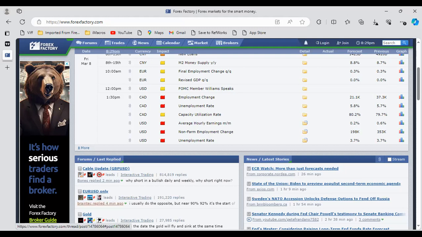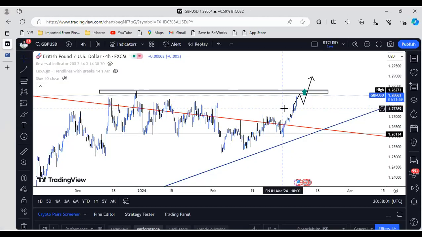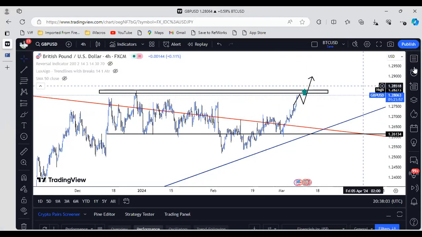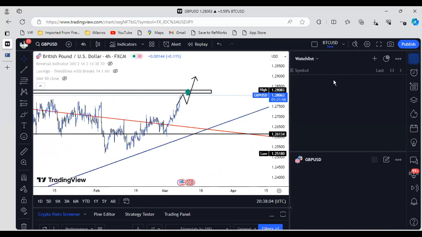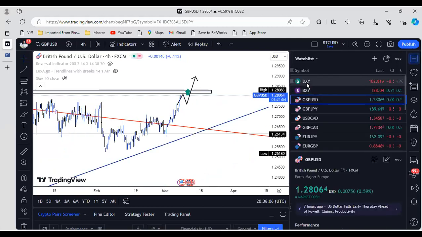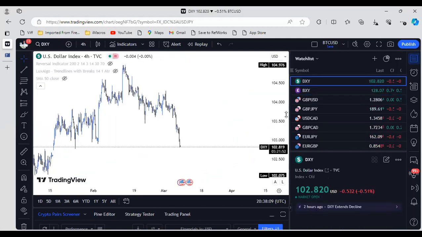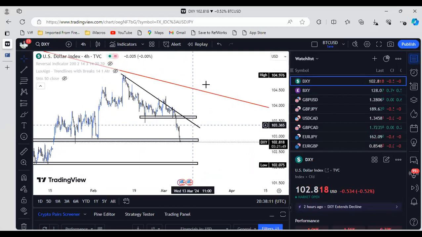So let's go back to our charts, okay? That would mean that the dollar index, the XY, right? Where is that? This is GBP USD. So that would mean that the XY should go up from the point where it is.